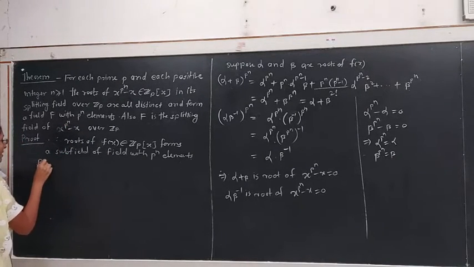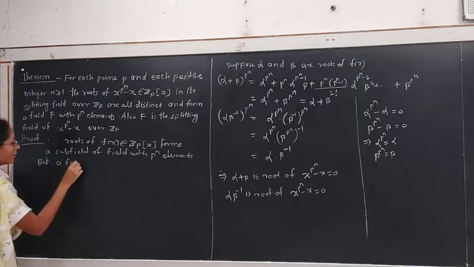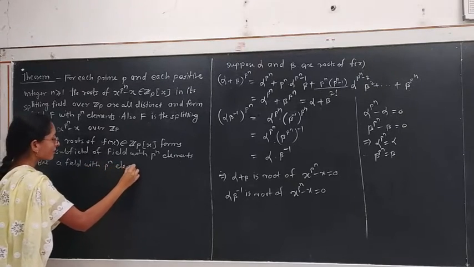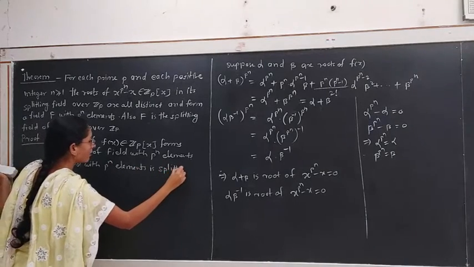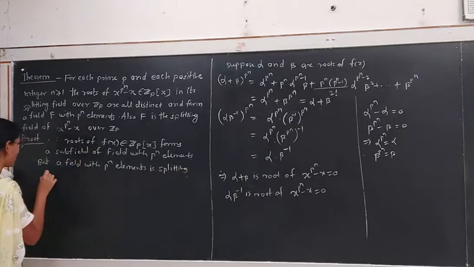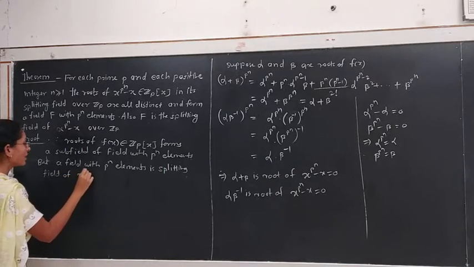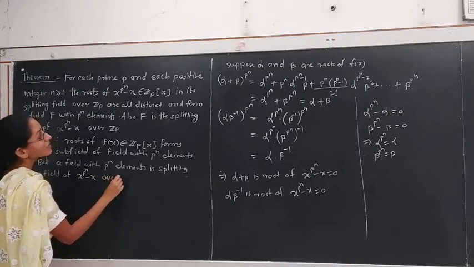But by the previous theorem, a field with p^n elements is the splitting field of the polynomial x^(p^n) minus x over Zp.